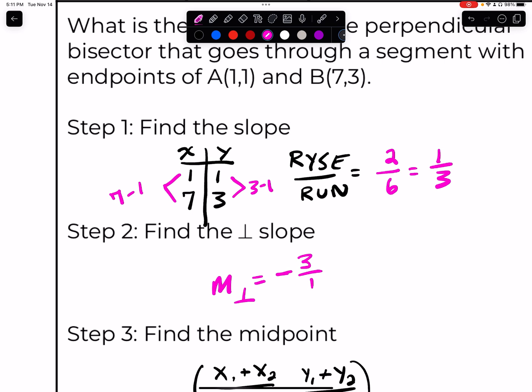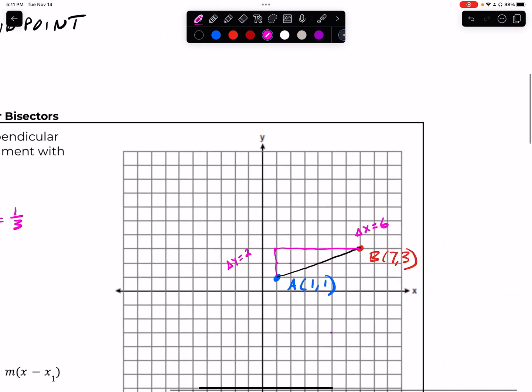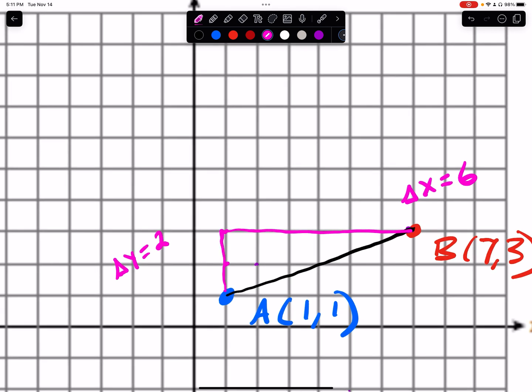Okay. So the next thing is we need to find the midpoint. One tricky way to find the midpoint, if I look at this graphically, we can see where the midpoint is, right? And to check, if I drew two little triangles here, if I went up and then right, 1, 2, 3, and then do it again, up and right, 1, 2, 3, that is the midpoint.